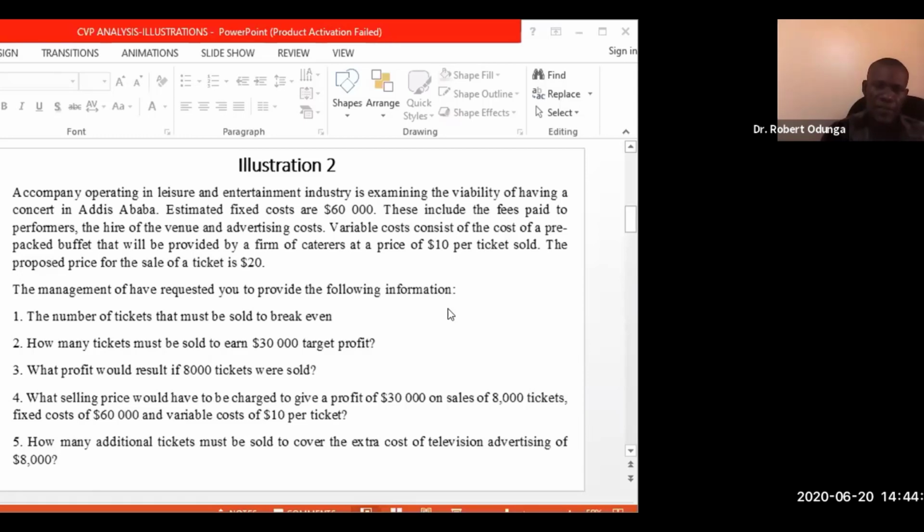Variable costs consist of the cost of a pre-packed buffet that will be provided by a firm of caterers at a price of $10 per ticket sold. The proposed price for the sale of a ticket is 20. So the selling price of the ticket is $20.